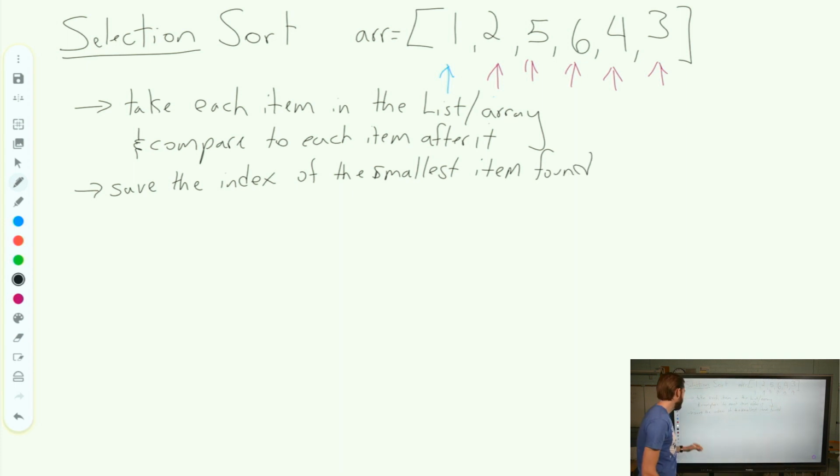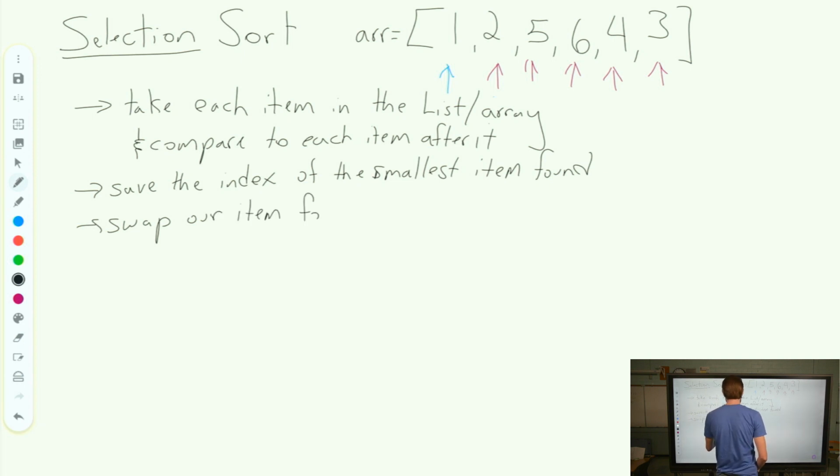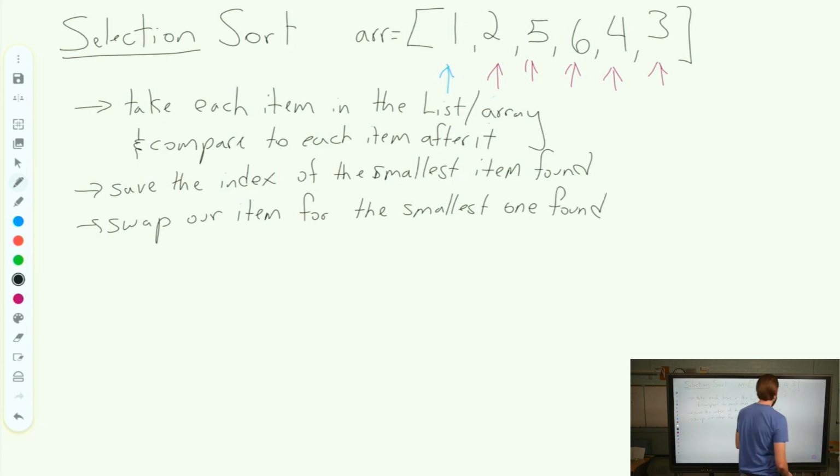And finally, once we're at the end of the list, we are going to swap our item for the smallest one found. And we're going to do this for each and every index. So we're going to take each item one at a time and compare them as we move through.